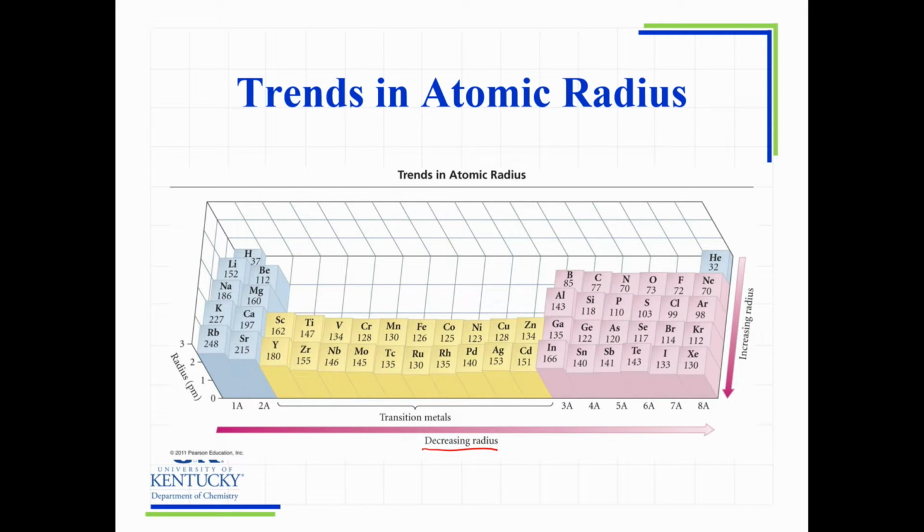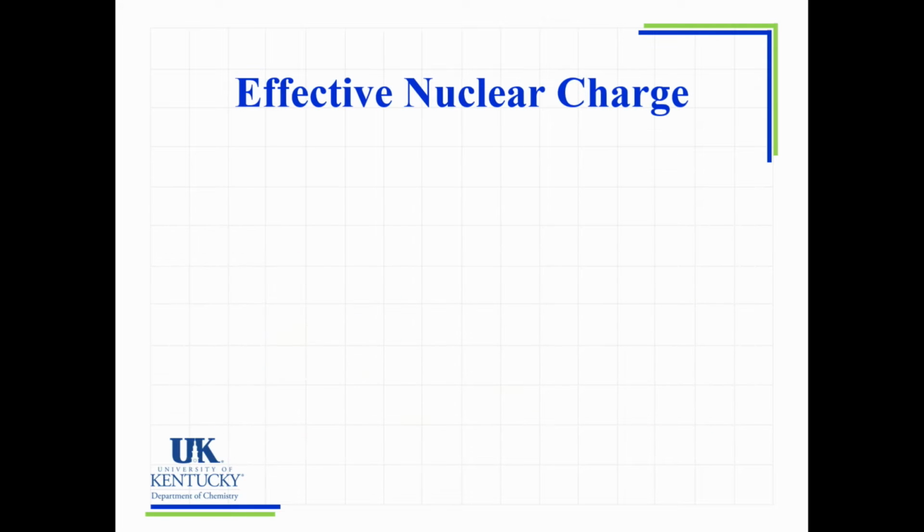So even though as we move across the periodic table we're getting more and more electrons, putting the next electron in, and getting more and more protons, it's getting smaller as we go to the right. And it is getting larger as we go down any one of these groups. So we get larger as we go down, and we get smaller as we go to the right. And what we need to do is figure out why that would be.